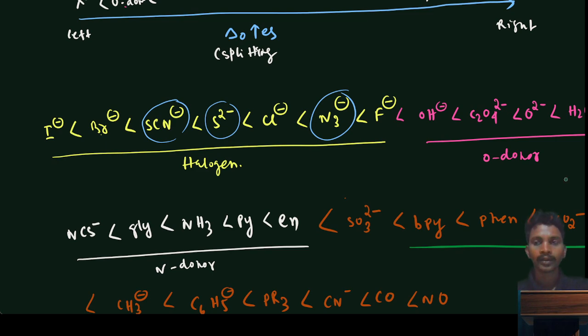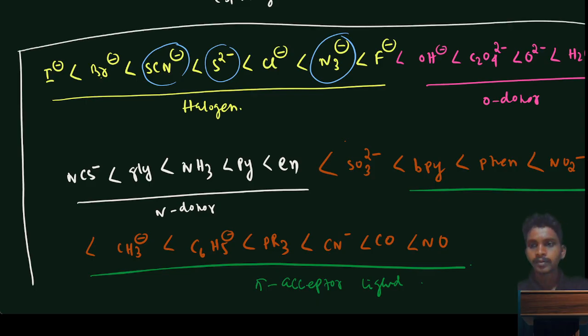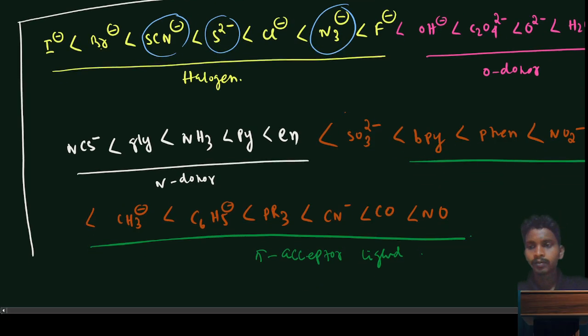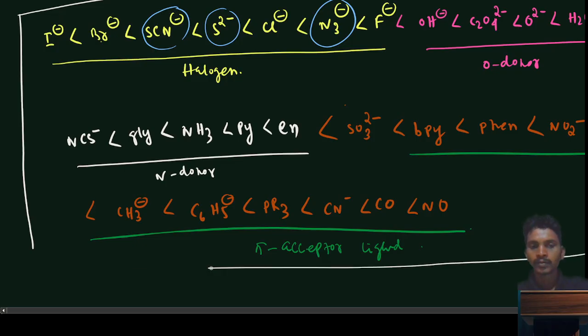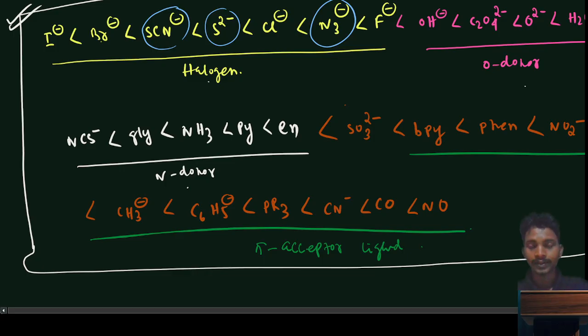What does the spectrochemical series say? First halogens, then oxygen donors, then nitrogen donors, then pi acceptor ligands.